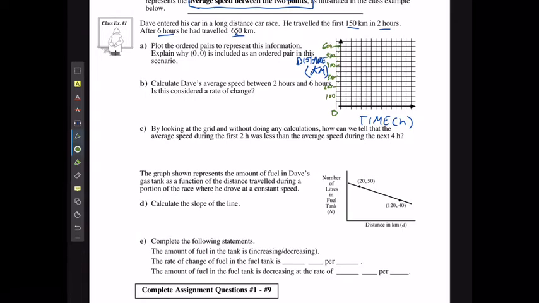On the bottom, I'm going to say that every second line is going to be 1, 2, 3, 4, 5, 6, all the way up to 7.